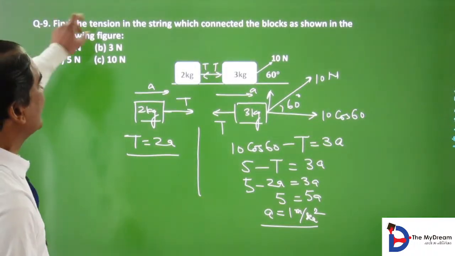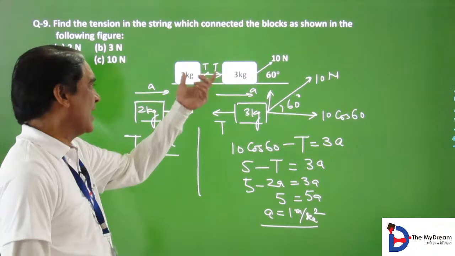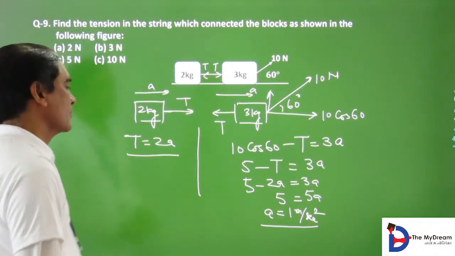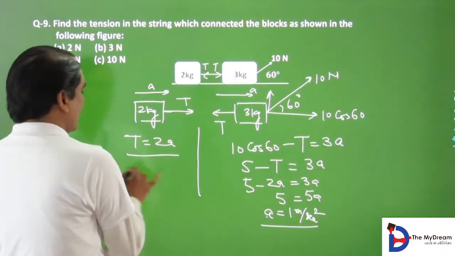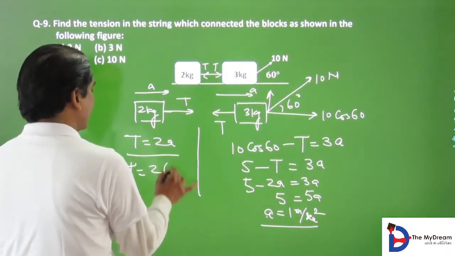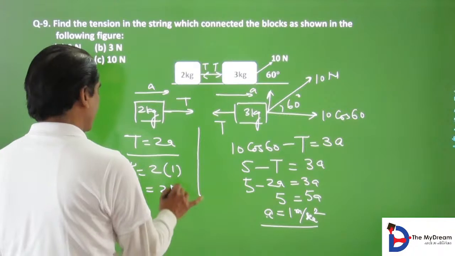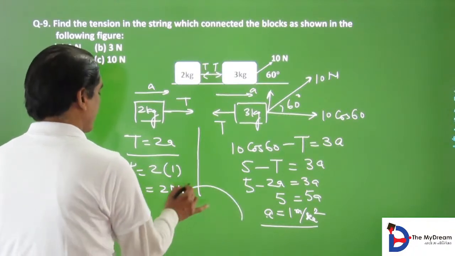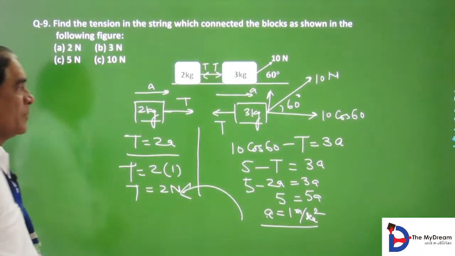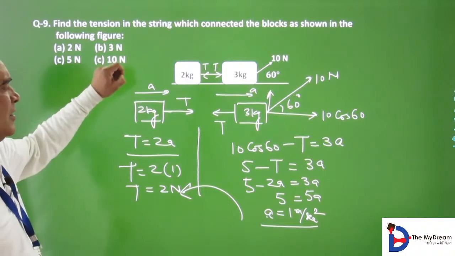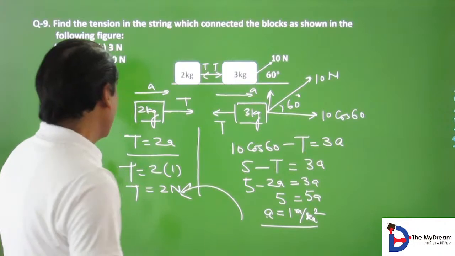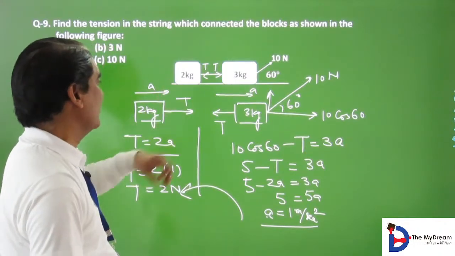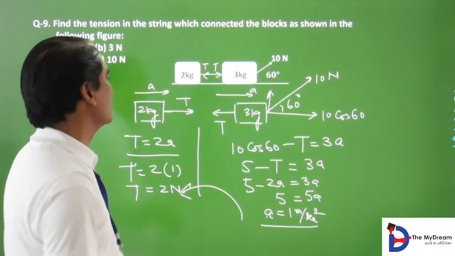You want to know the tension in the string. A is 1, and the tension is 2 Newton. The uniform acceleration is 1 meter per second square. Then you get the tension in the string which is connected with the 2 blocks.